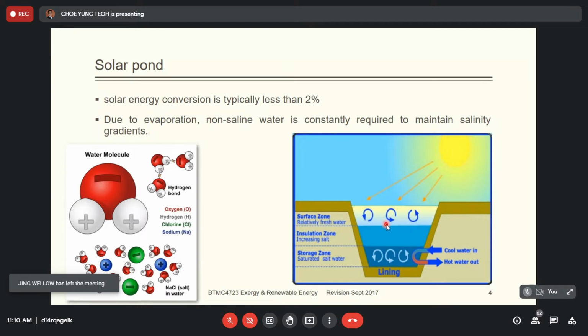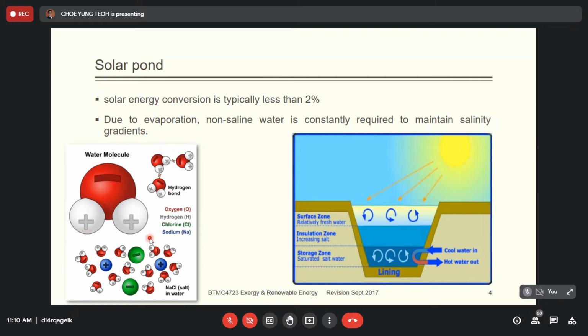When you add salt into the water, the salt interacts with the water molecules, or in layman's terms, we say the salt is dissolved in the water. It mixes with the water molecules as shown in the figure on the left side. The water molecule is red and white; the red one is the oxygen, O negative 2, and the white one is hydrogen, positive 1.